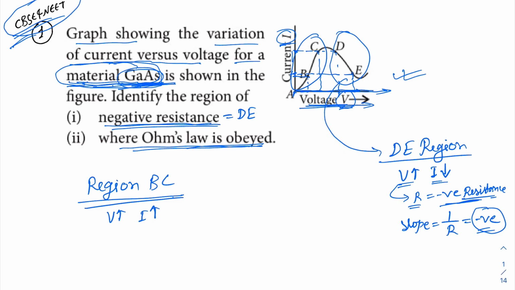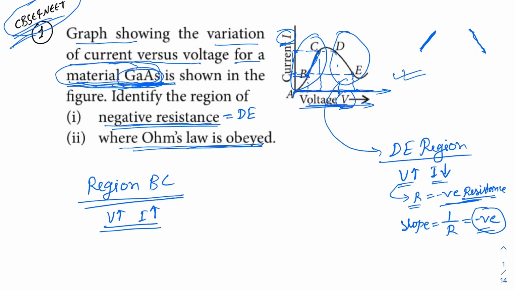Also, from B to C it is just simply like this, and D to E simply like this. Means it is a linear curve.